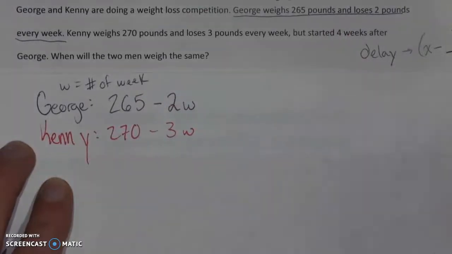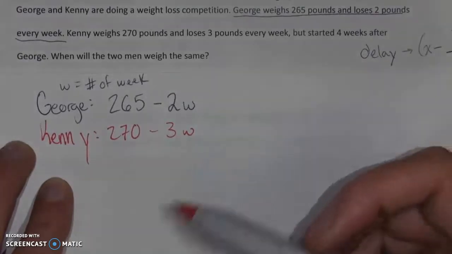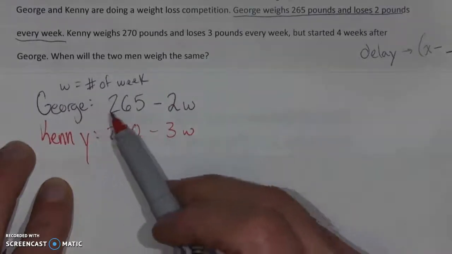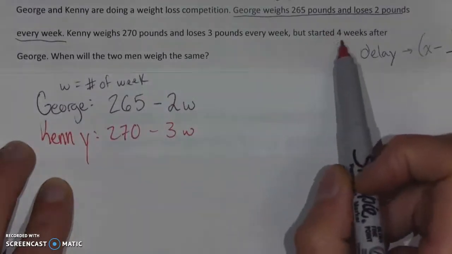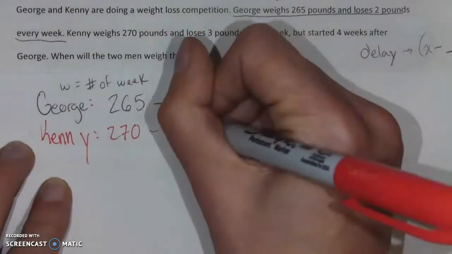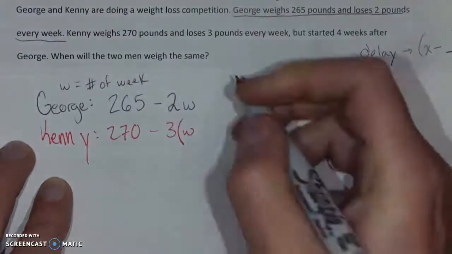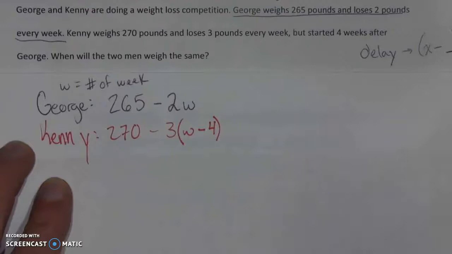And if I said, how about 12 weeks in? Well, George has been doing it for 12 weeks, but Kenny has been doing it for 12 minus those 4. He's only been doing it for 8 weeks. So each time what I'm really doing is saying how many weeks minus the weeks that he was delayed, or minus 4.